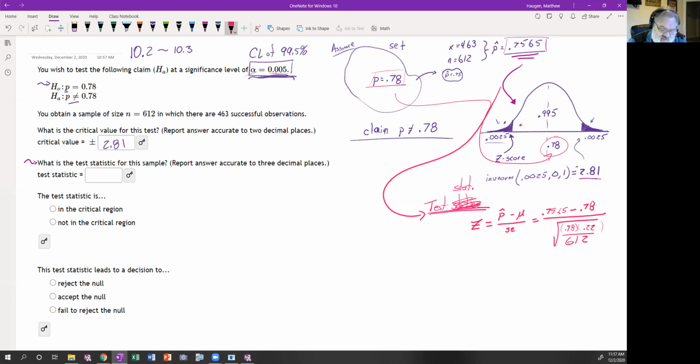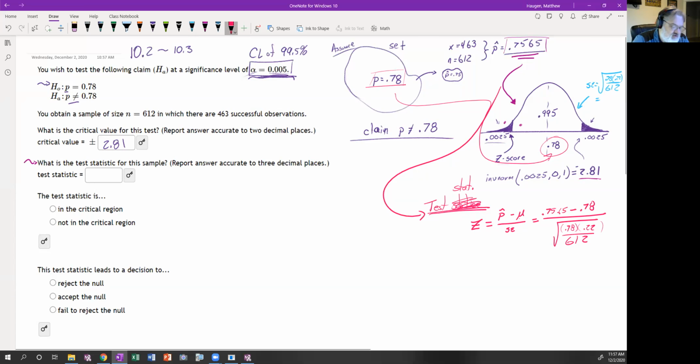It's often nice to find that standard error separately, as soon as we start looking at this diagram, asking what's its standard error, and going off to work that out: 0.78 times 0.22 divided by 612. And then anytime we need that standard error, we can stick it places. Fair?